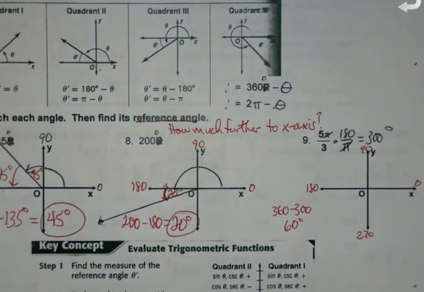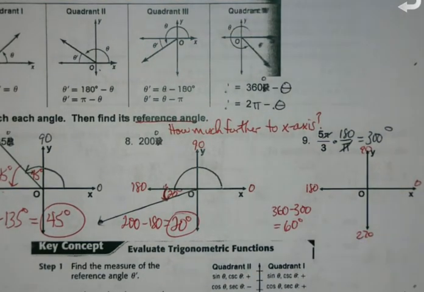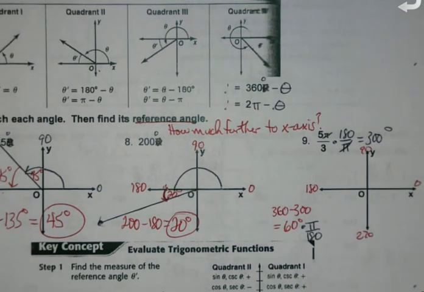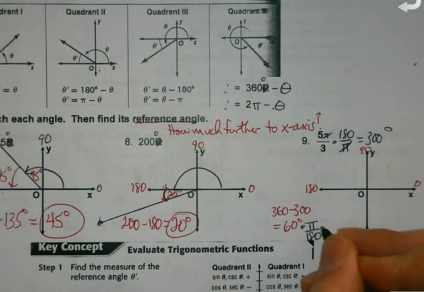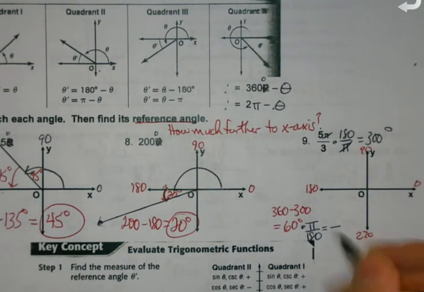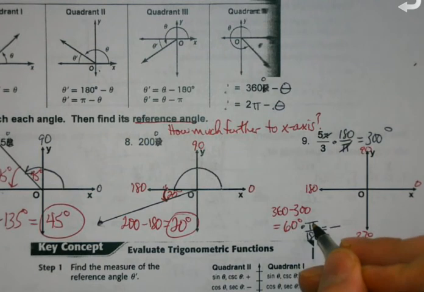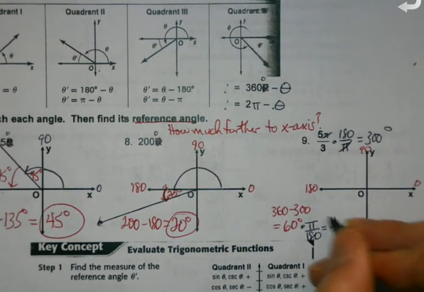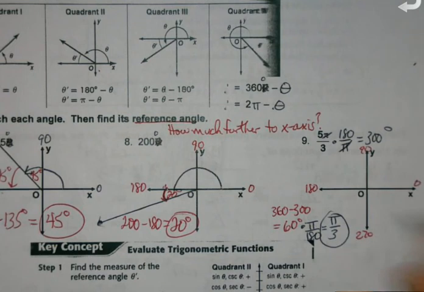So even though I figured out that this is 60 degrees, I need to make my conversion. So I need to do pi over 180 and then multiply across. So I'd have 60 pi over 180, but I just reduced the 60 over 180 part and get my answer.